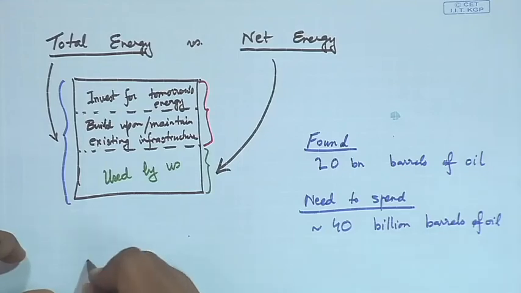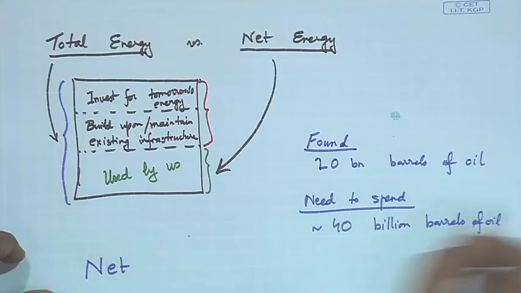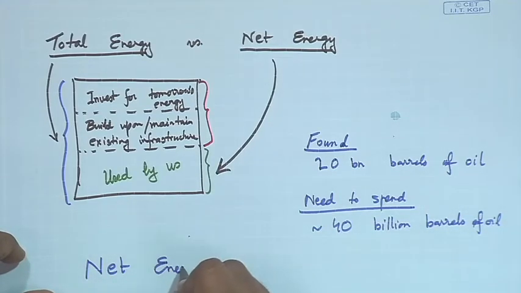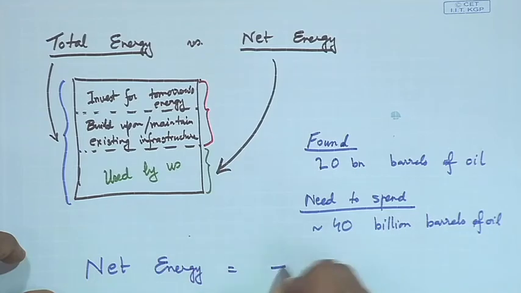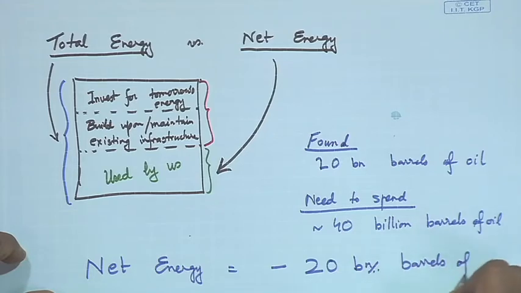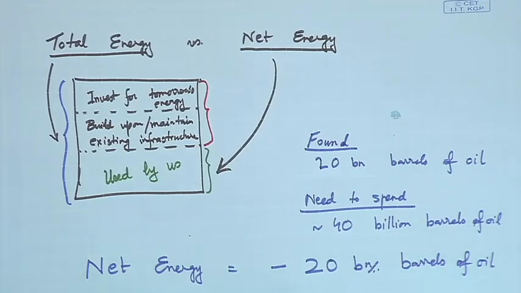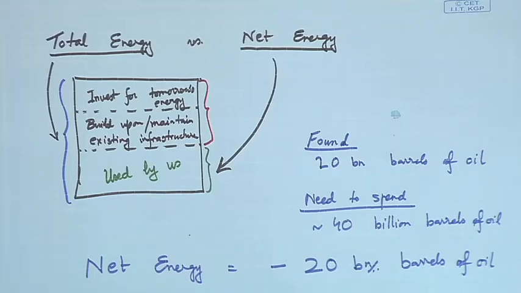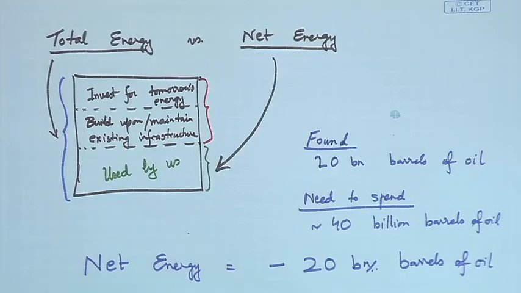So, what is my net energy? Total energy is 20 billion barrels of oil, but my net energy is minus 20 billion barrels of oil.